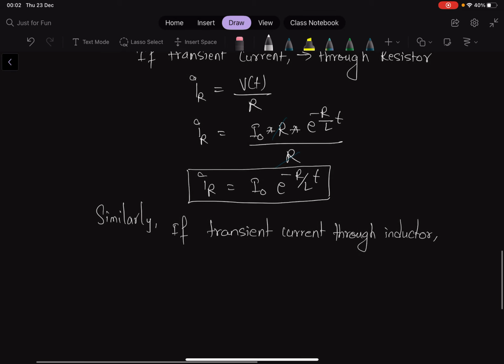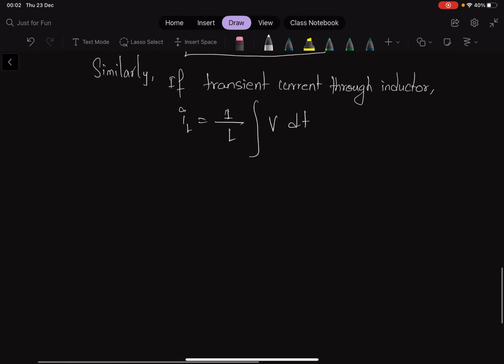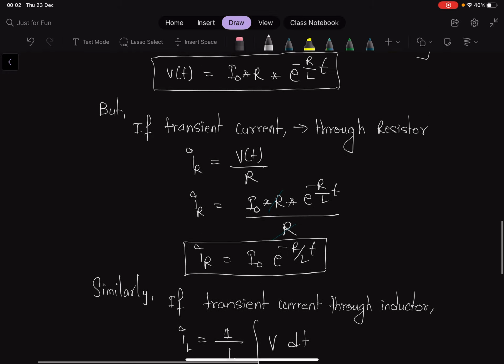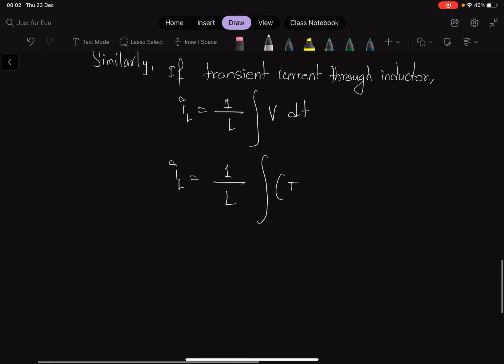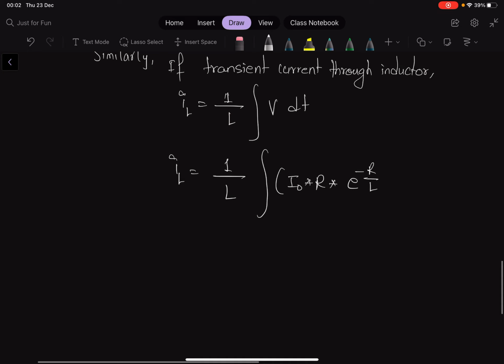What about through the inductor? Now remember, I told you the formula for IL is 1 over L integration of VL or V dt. So we can use the same expression here. So we can say IL equals 1 over L integration of what is our V we got, which is I naught times R times e to the power minus R over L t, and then dt.